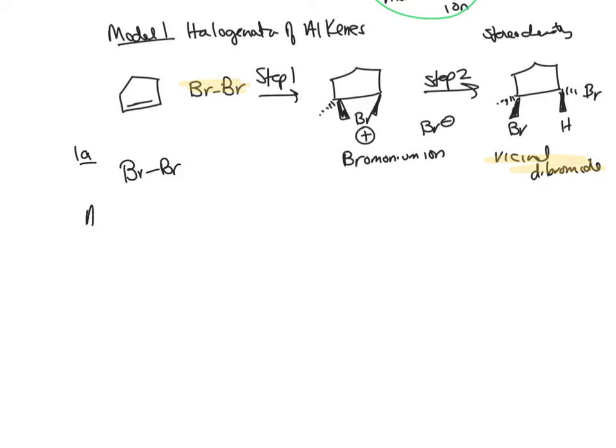I wrote adjacent carbons. You could also write neighbors. 1D. Compare the bromine atoms in the product. Halogenation occurs, did you say syn or anti? That bromine's coming at you and that one's going away. So I would write anti.